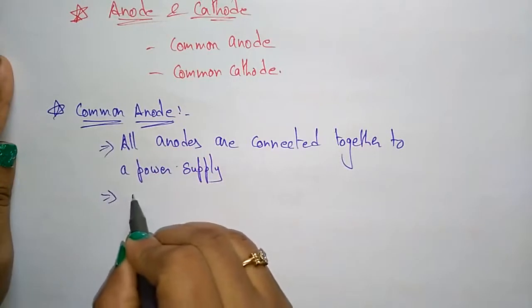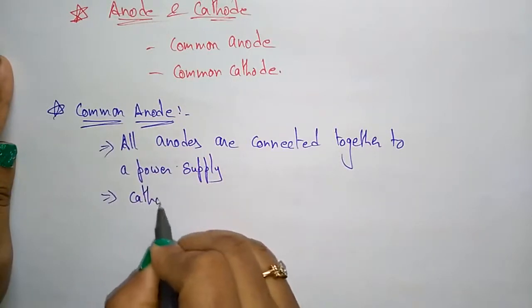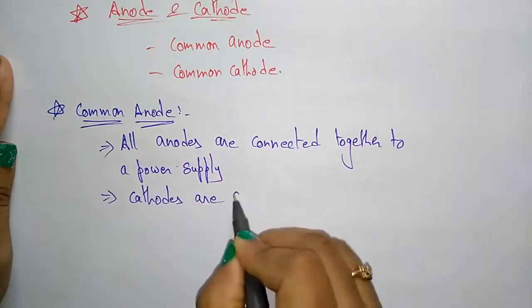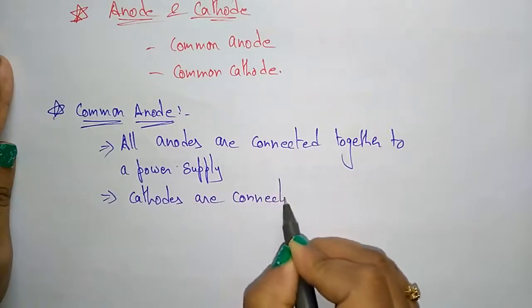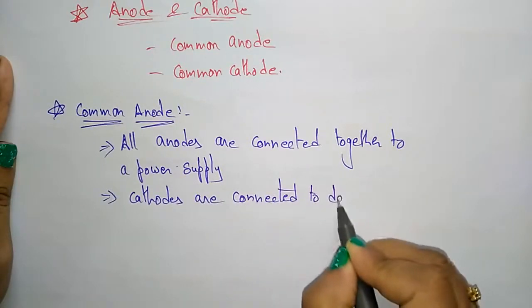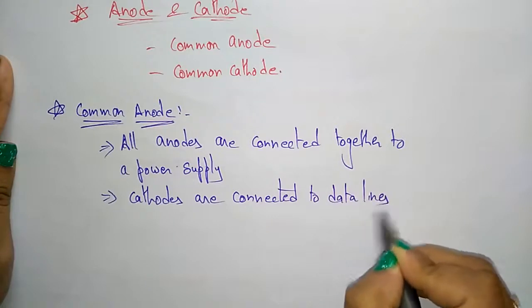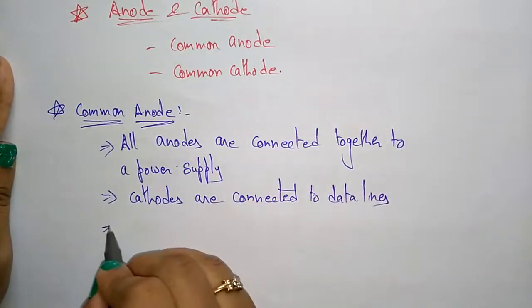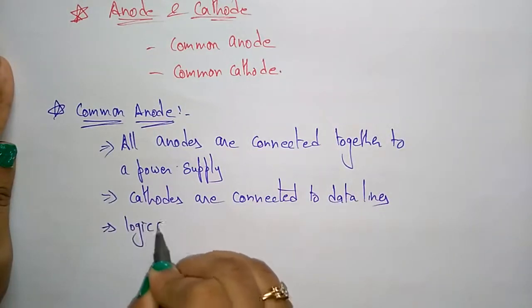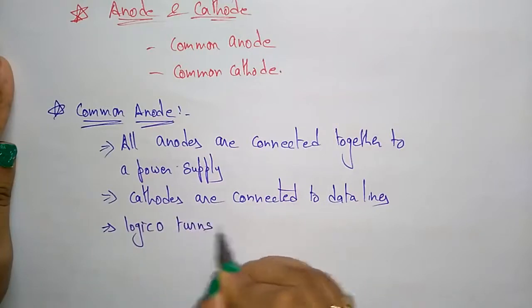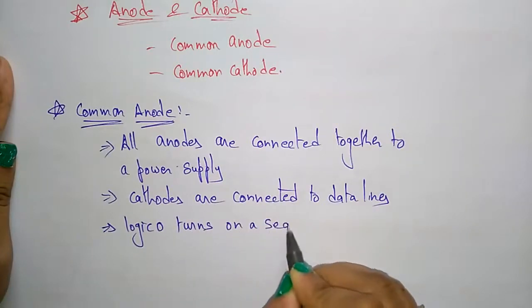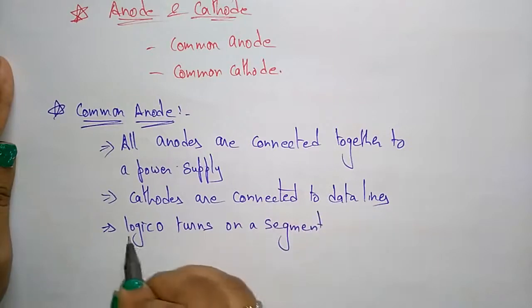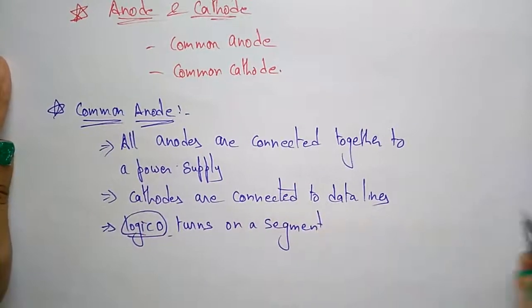And next, cathodes are connected to data lines. And in common anode, the logic 0 turns on a segment. So here you have to remember that logic 0 turns on a segment.